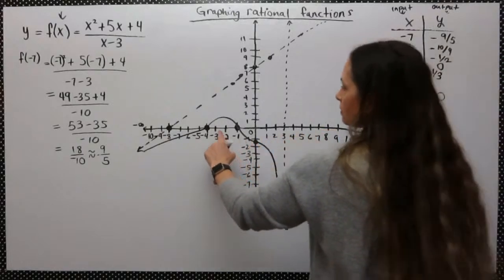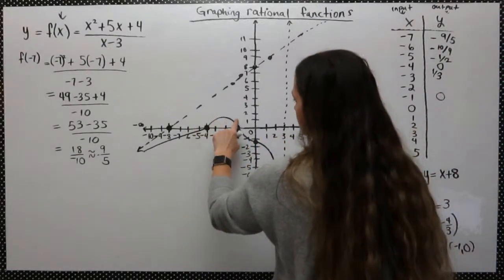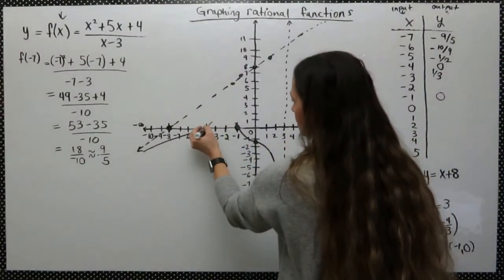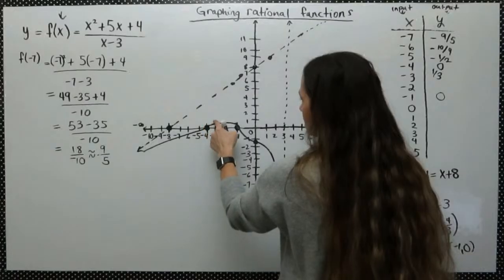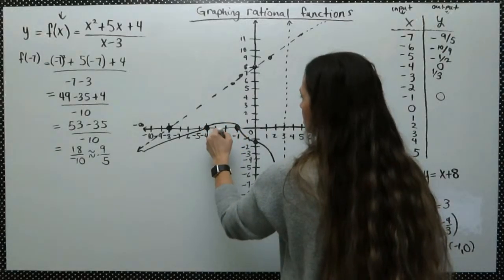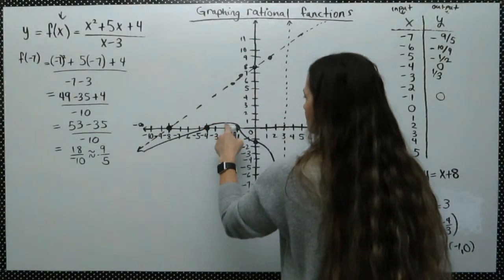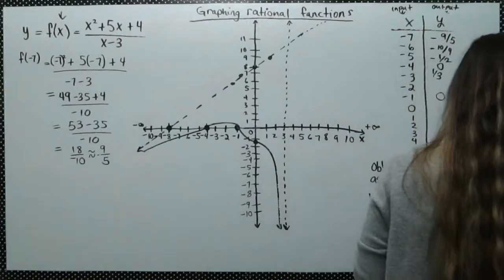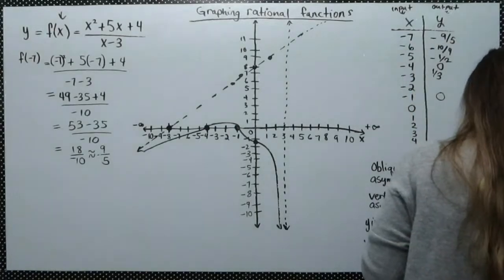So -3, as I suspected, jumped up. It didn't jump up as far, because it doesn't make it to 1. It's just barely over the axis. Okay, and then -2.